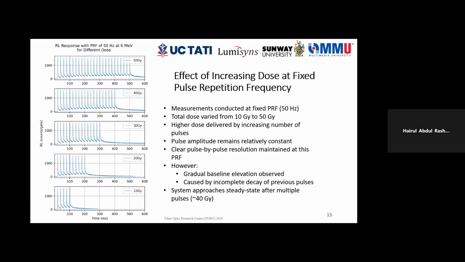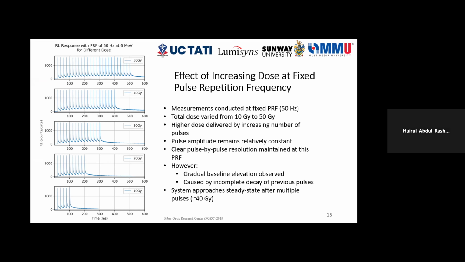We moved on to study the effect of increasing dose at fixed PRF. We fixed the PRF at 50 Hz and tested 10 gray, in steps of 10 gray, up to 50 gray. We can see the pulse amplitude remains relatively constant, and clear pulse-by-pulse resolution is maintained at this PRF.